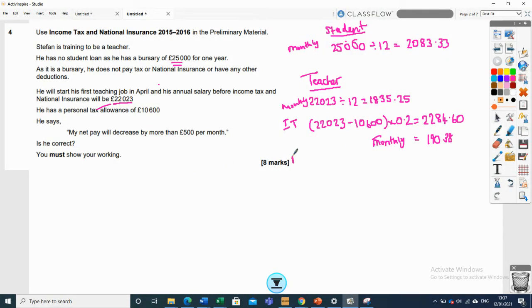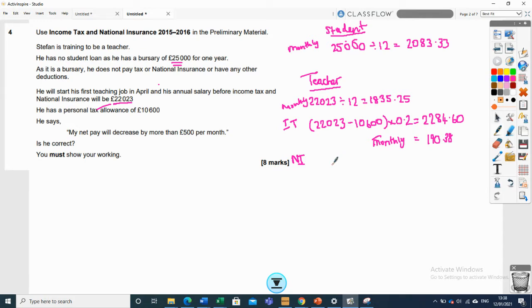He also pays national insurance. So his monthly pay is £1,835.25 gross. On your national insurance, now looking at the table, you don't pay any up to £672, which is a yearly income of £8,064.